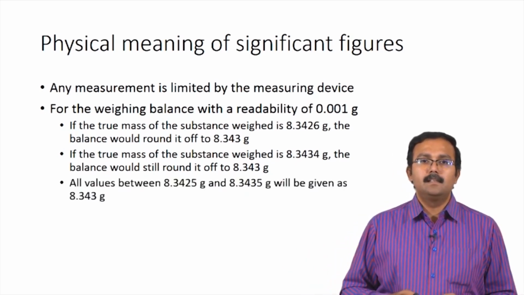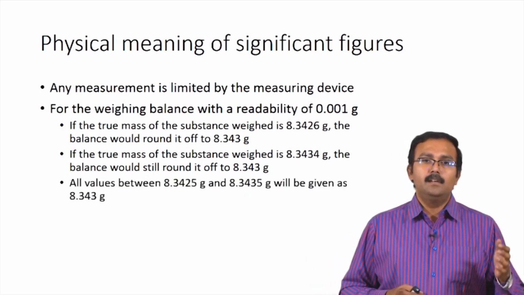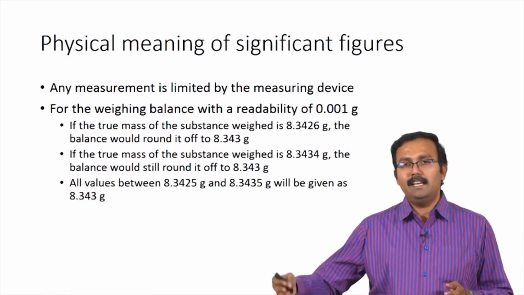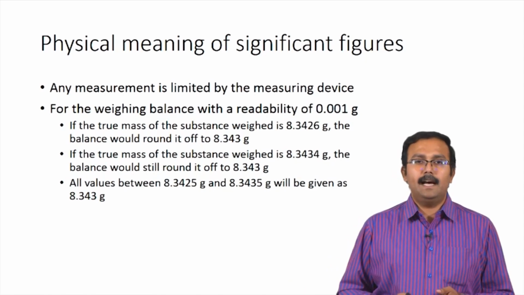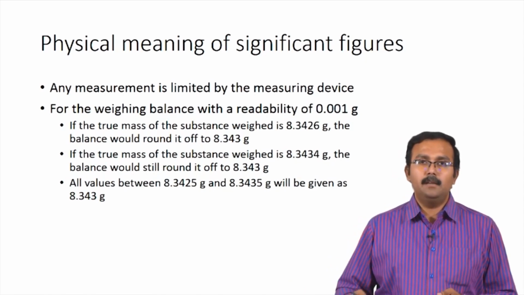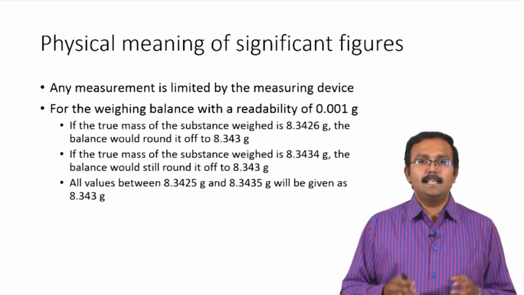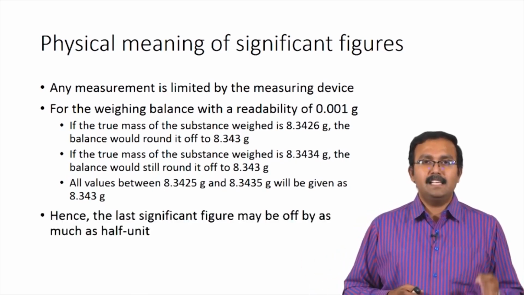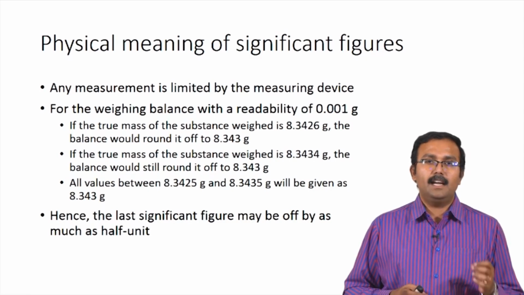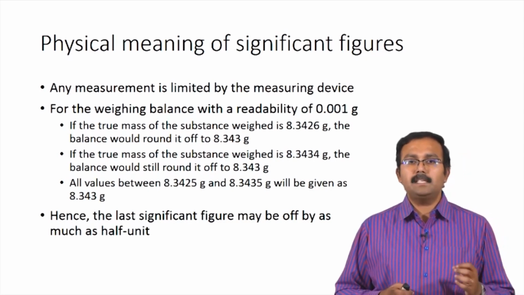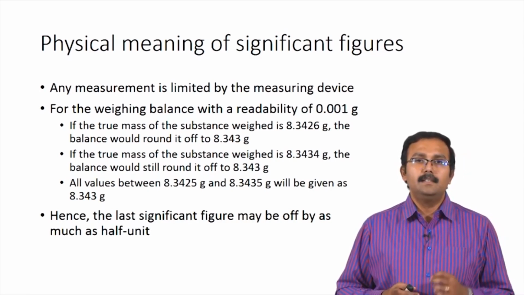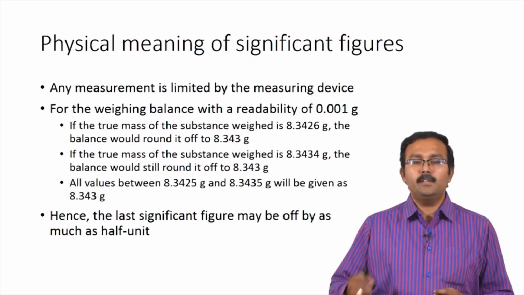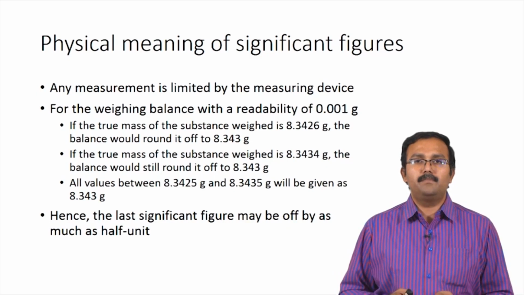What this means is, any value between 8.3425 and 8.3435 will be represented as 8.343 by the balance which has a readability of 0.001 grams. So, the last significant digit which you have can actually be off by as much as half a unit. This has a lot of physical significance, and that is why you need to ensure you follow the number of significant figures which are present.